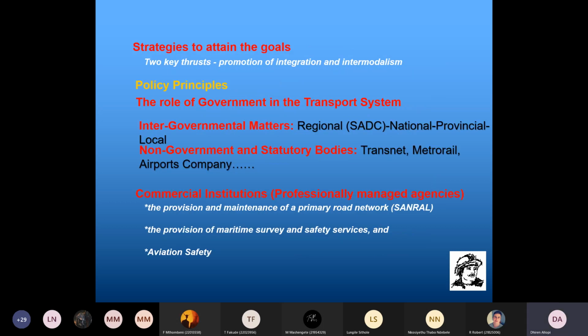So there's some information in your notes that deals with the policy aspects relating to government and the levels below national government. In terms of the strategies, you will see the key thrust there is promotion of integration and intermodalism. I spoke about integration, where you should be able to move from one mode of transport to the other without any problem.